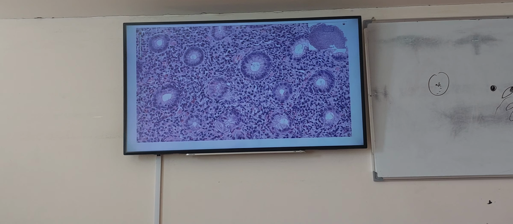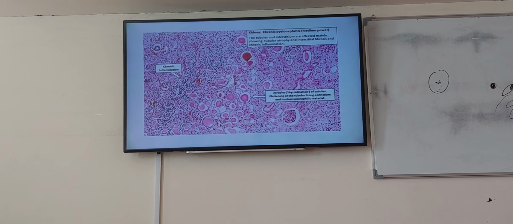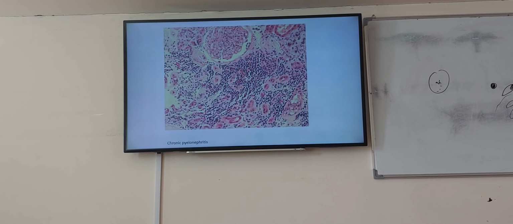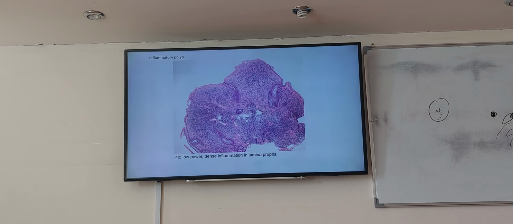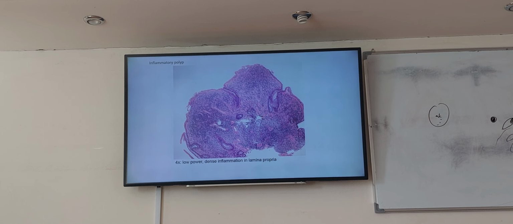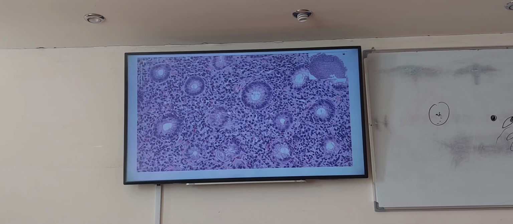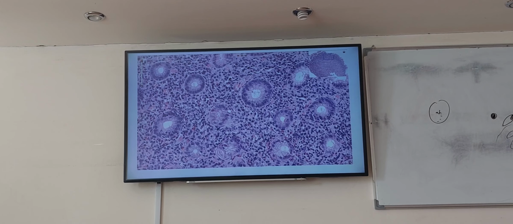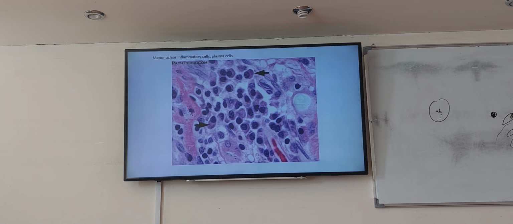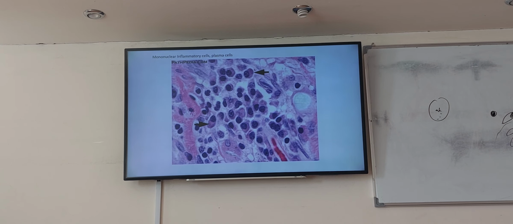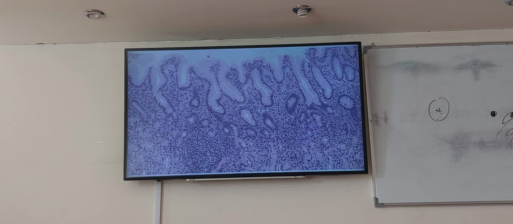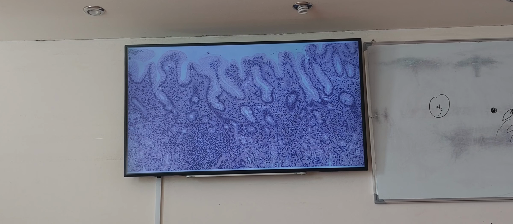All the pictures are for you to see how it is interstitial and diffuse. Except this one, it is elevated, so I call it polypoid. But again, just chronic inflammation. The cells: plasma cells, lymphocytes. This is again chronic inflammation.